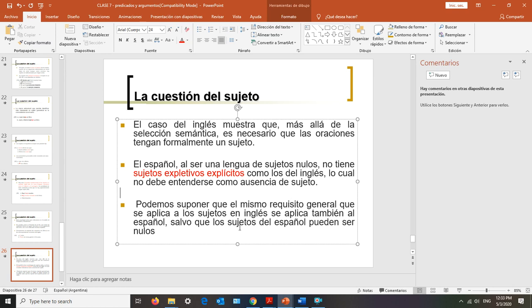The thing is that subjects in Spanish may have no explicit phonetic realization at the level of the surface structure.